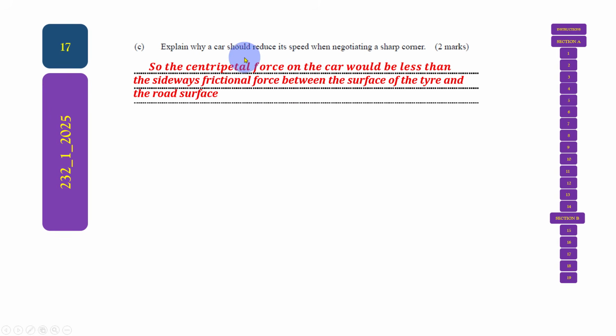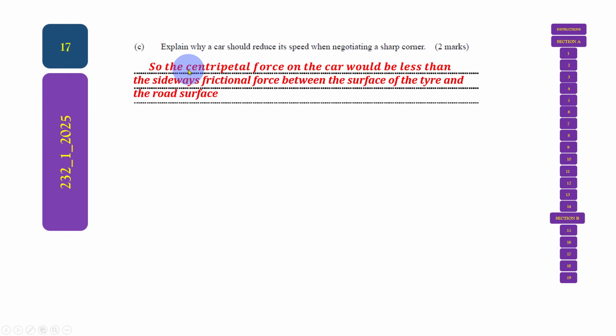That's why we should reduce the speed, in order to reduce the centripetal force, so that it is always less than the friction force. This is in the case where the centripetal force is provided only by the friction force. In many corners you find that the roads are banked, but in this question that knowledge has not been provided, so we cannot rely on the horizontal component of the weight of the car to provide part of the centripetal force.